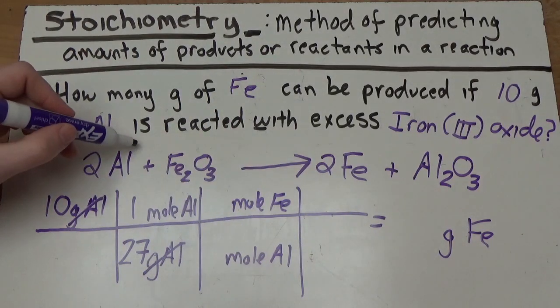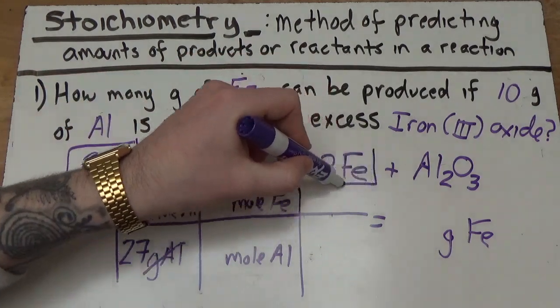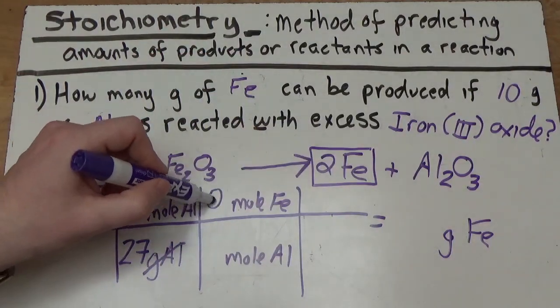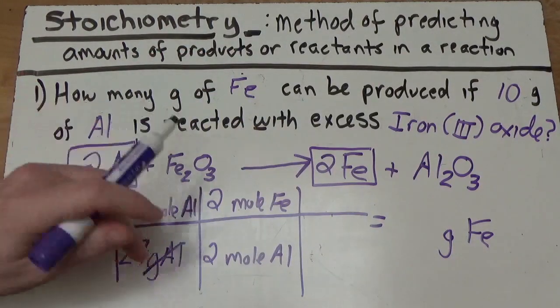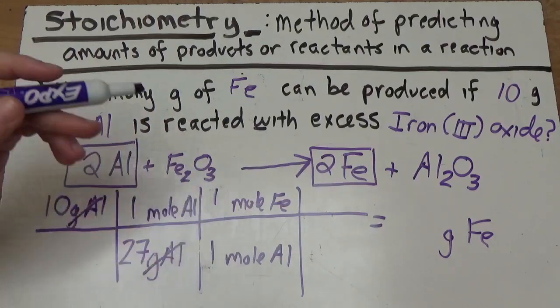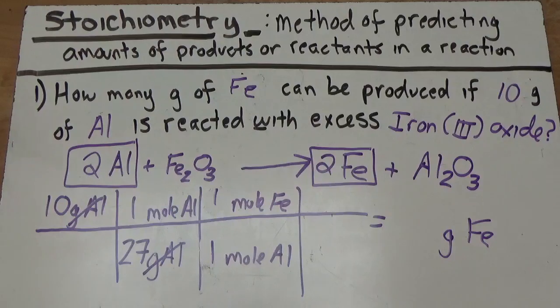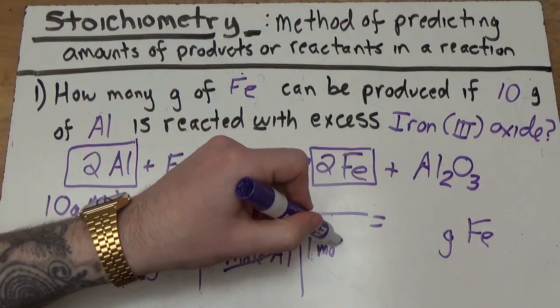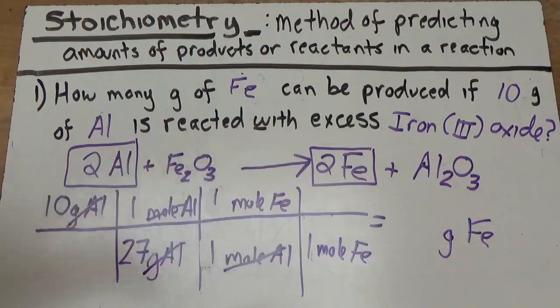And the ratio is, for every 2 moles of aluminum, there are 2 moles of iron. Now, you can write 2/2 here, and you can also write 1:1. For every 2, there are 2. For every 1, there is 1. Then, finally, we just need how much does that mole of iron weigh.